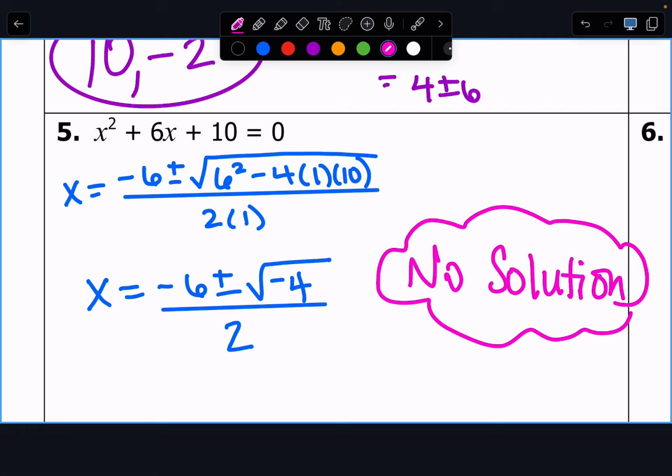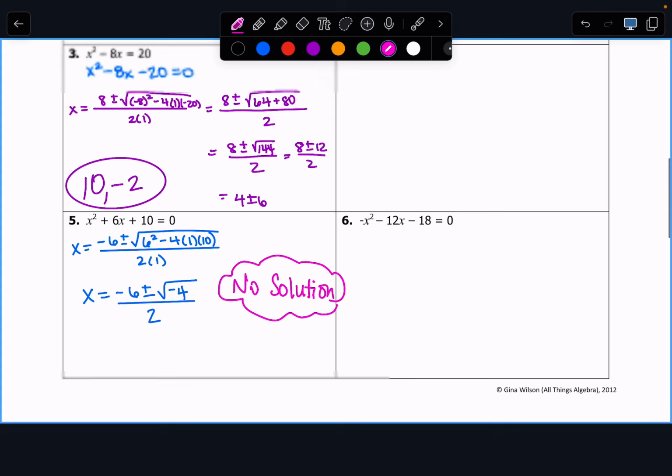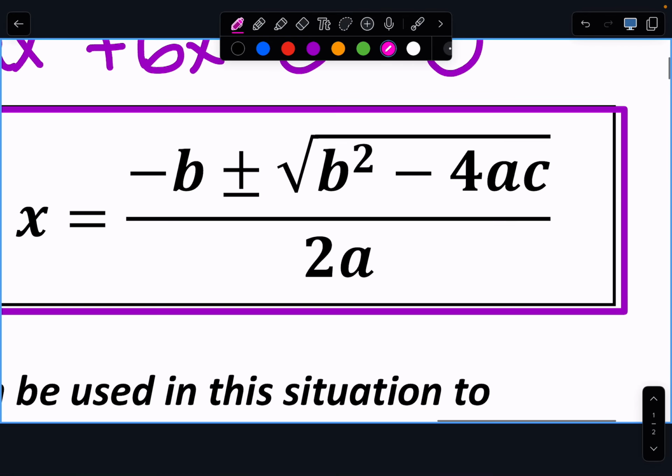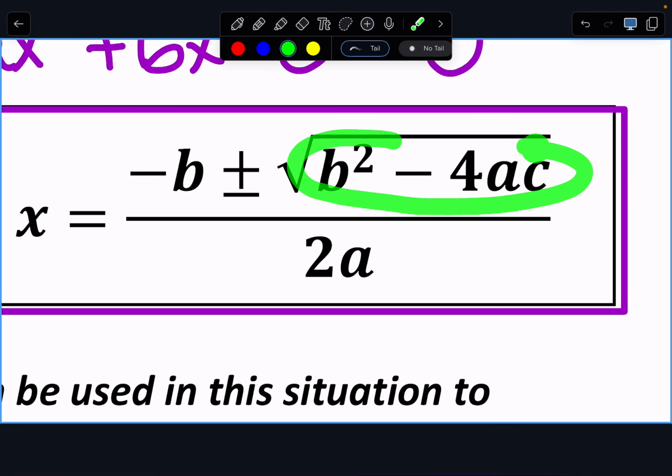So do you remember a couple days ago you had homework where you plugged numbers into b squared minus 4ac to decide if it was positive, negative, or 0? And then that told you if there was 2, 1, or 0 solutions? B squared minus 4ac is this part right here. That was part of the quadratic formula.